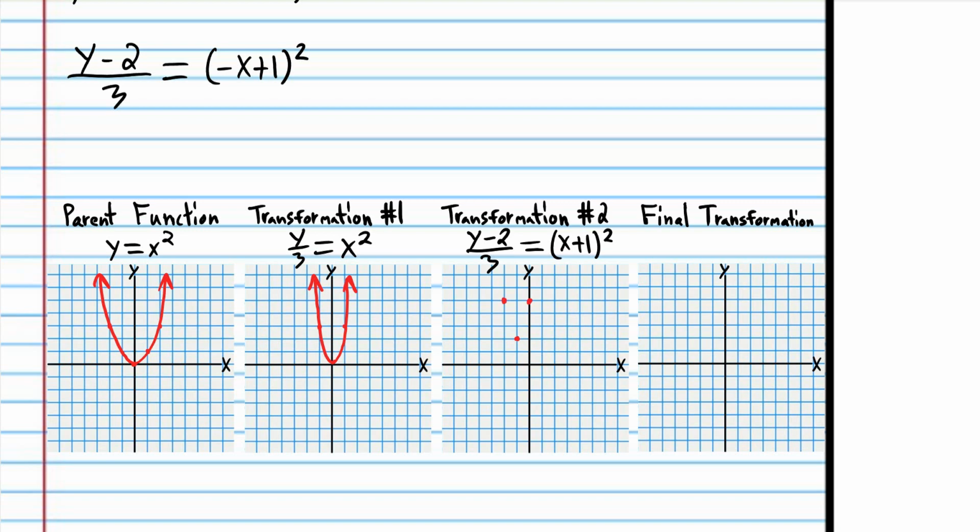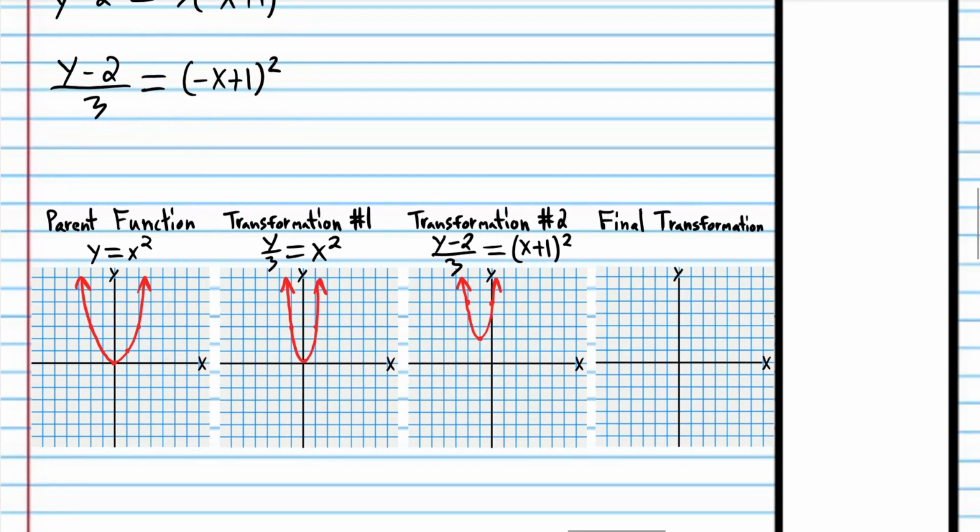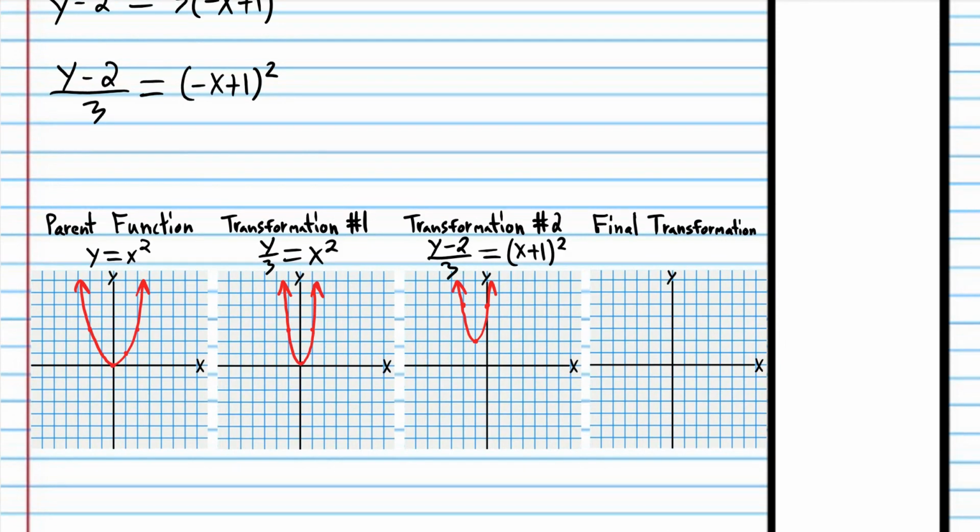So then we get this graph here. And then we're going to replace x with negative x. So that means that we are going to reflect across the y-axis. And that gives us the following graph.